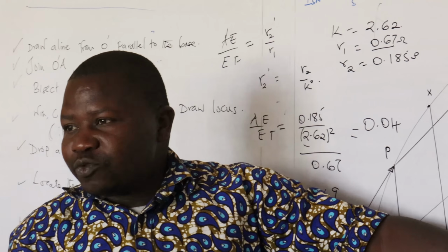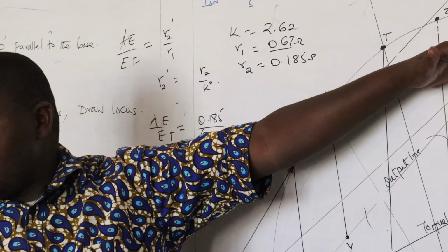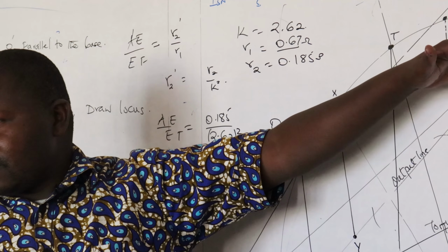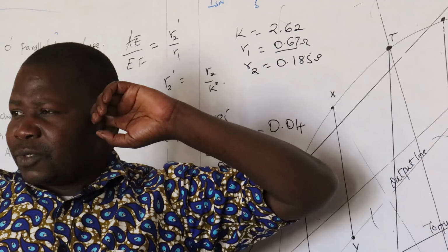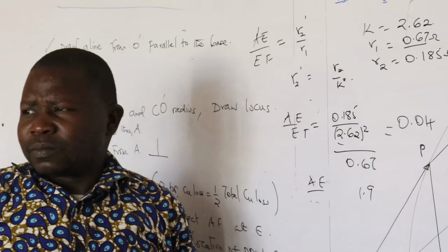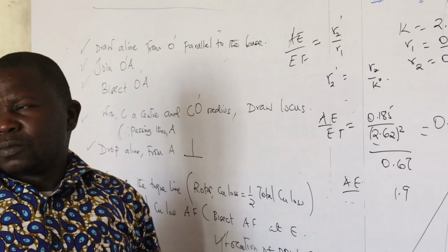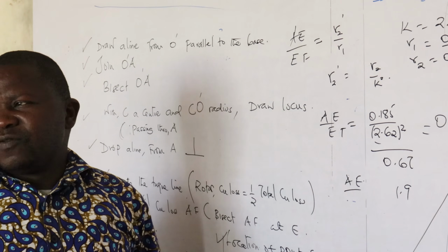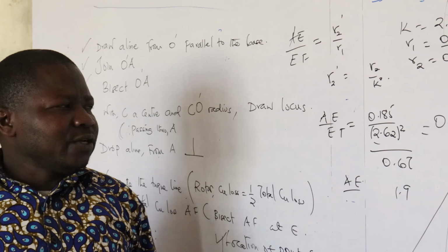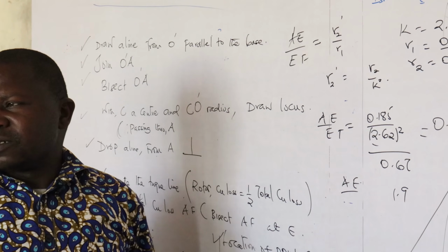A can tend to be down or up, depending on the ratio you get, for the torque line. The primary to secondary means the inverse, so 1 over 2.62.